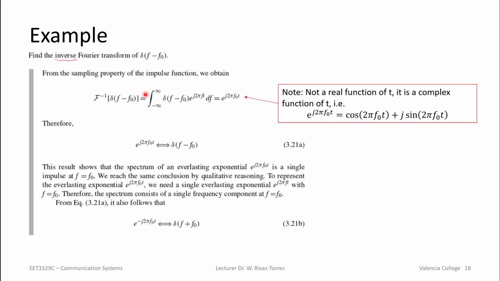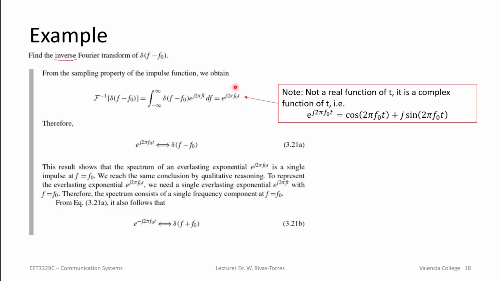And again, we evaluate this integral using the sampling property of the delta, or the impulse function. Now we know that we only have to evaluate everything at f0. So it turns out that it ends up being e to the j 2 pi f0 t. And isn't that interesting? This is not a real function.